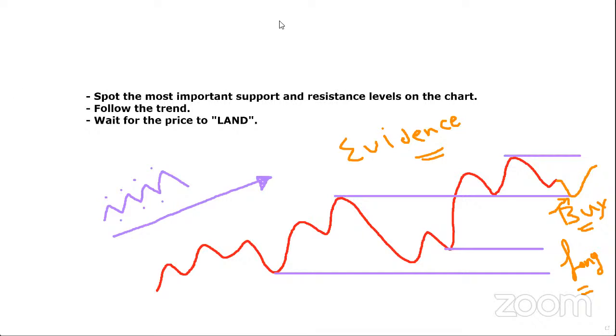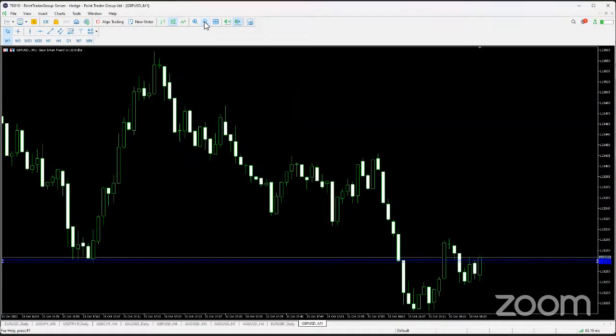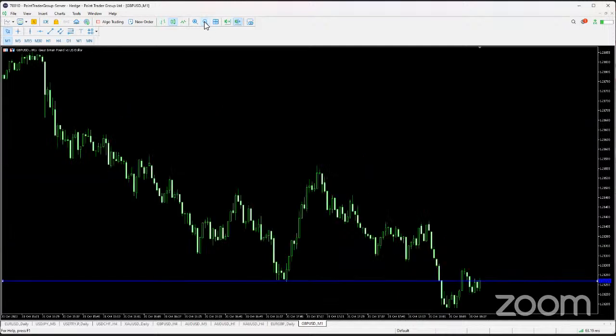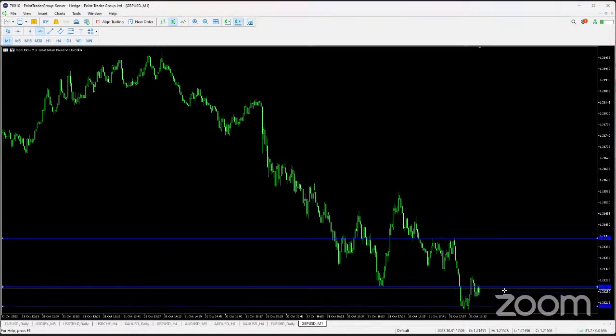Now, I didn't use any indicators. I didn't use anything. I'm just using pure price action. Now, this is a chart here. I'm gonna spot support and resistance levels like this.